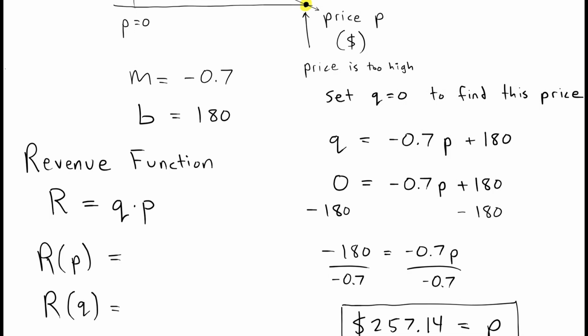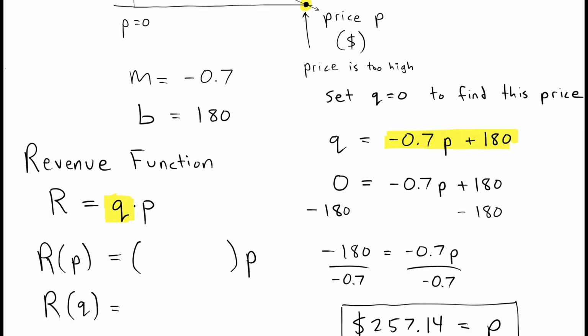Because we're talking about the company arbitrarily setting the price right now, I'm gonna focus on this one. I want to find out what the revenue for the company is going to be dependent on the price that they set for these buggies. So with that in mind, I want to actually substitute out Q, and what I would substitute in for it is the formula that we have now for Q. Put some parentheses where Q used to be.